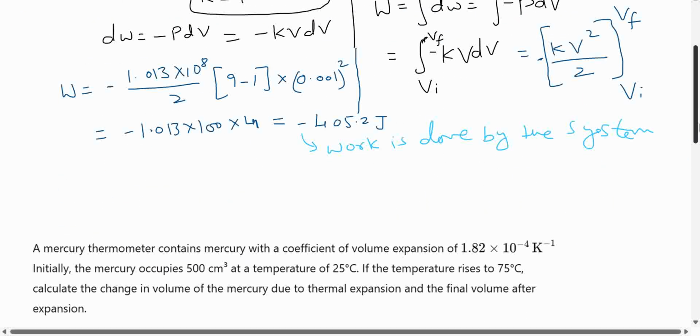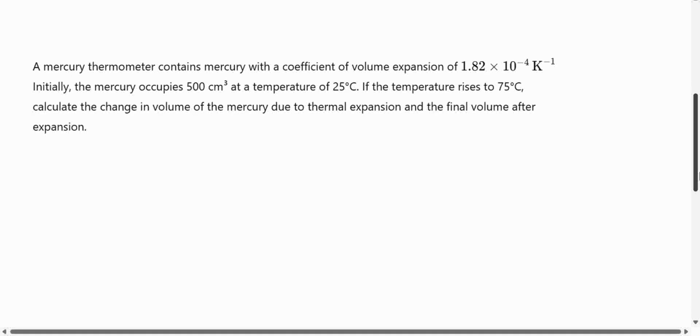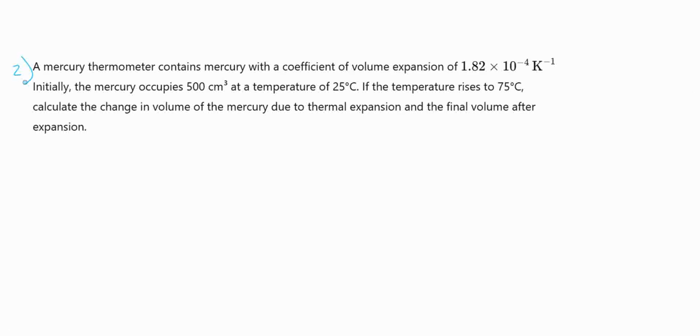Now let's look at the second problem. Given is a mercury thermometer which contains mercury with a coefficient of volume expansion 1.82 into 10 power minus 4 per Kelvin. Initially, the mercury occupies a volume of 500 centimeter cube at a temperature of 25 degrees Celsius.